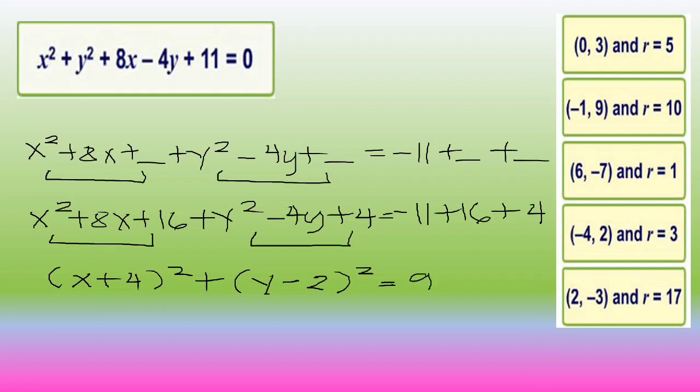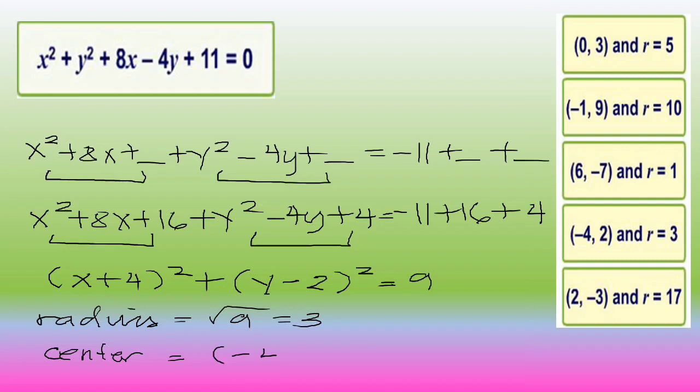And from here, the radius is the square root of 9, which is equal to 3. And our center is equal to negative 4 comma 2. So this is our answer.